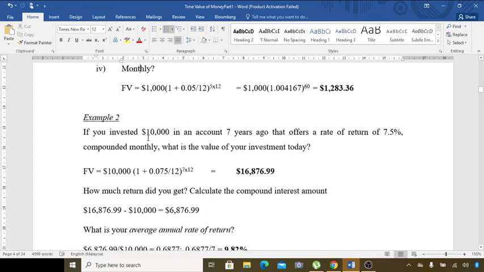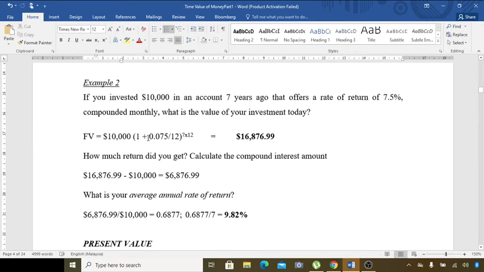Now let's look at another example. Imagine you invested 10,000 in an account 7 years ago, and it offers a rate of return of 7.5% compounded monthly. What is the value of your investment today?